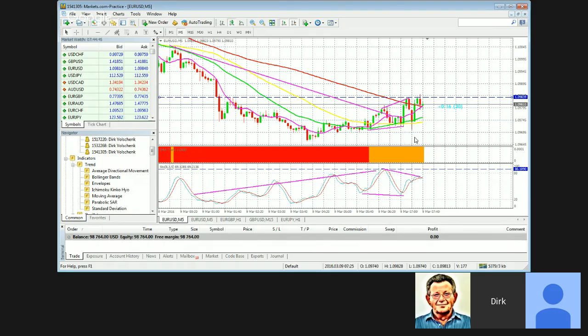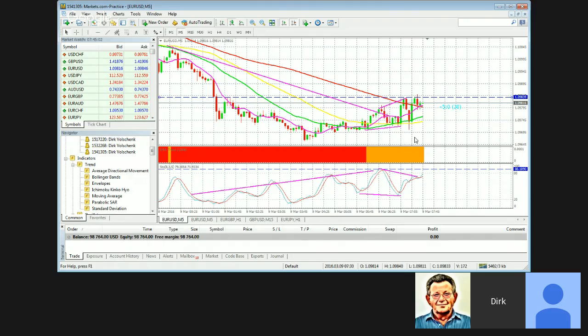Is it going to be the confirmation candle, or is it going to make us wait another 5 minutes? Gonna have to wait and see. No confirmation. It went up and closed above it again.